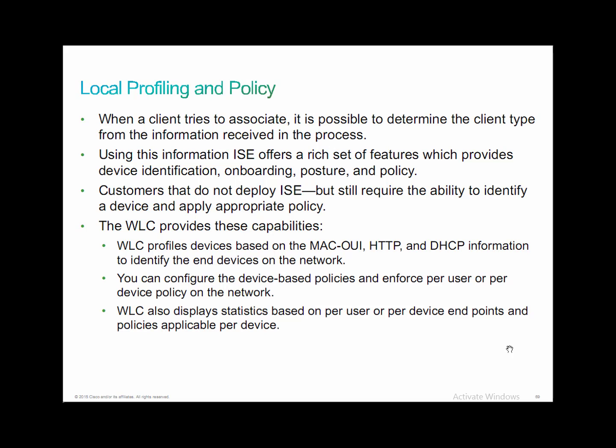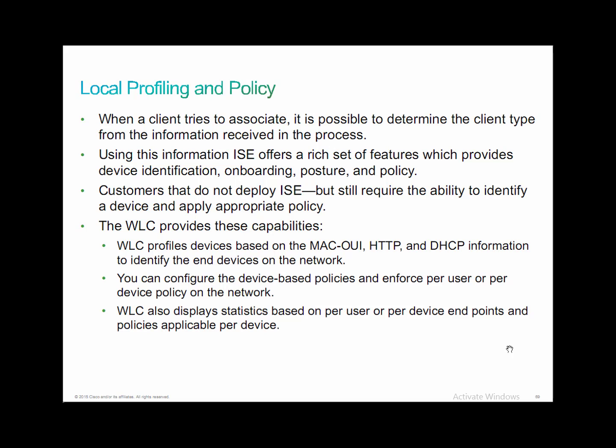When a wireless client tries to associate with a wireless network, you can determine the client type from the information that you receive in the messages that are exchanged between the client and the controller. So the controller is going to collect the information, and then it can pass that information along to other devices.